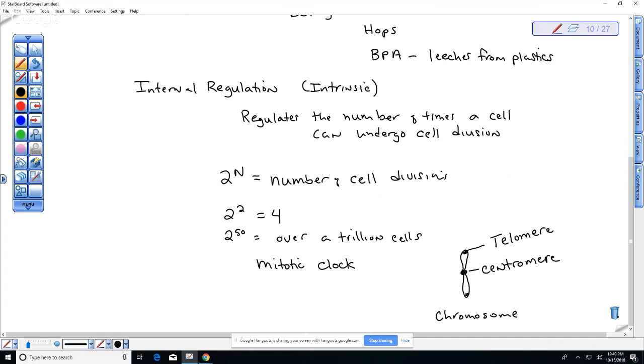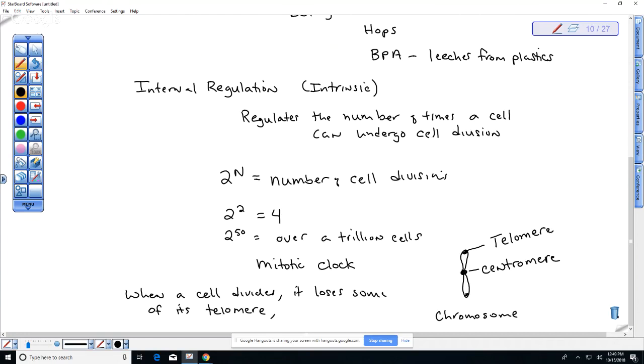Okay? So when a cell divides, it loses some of its telomere.